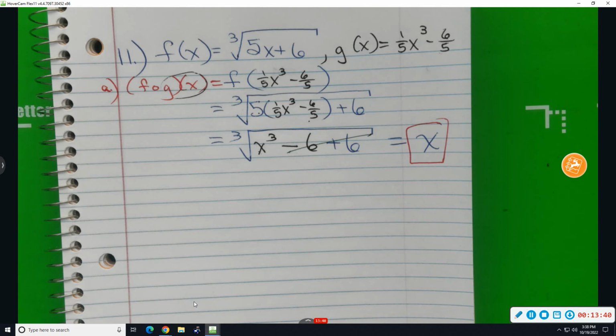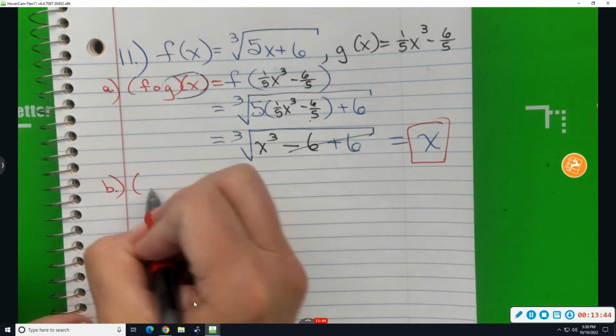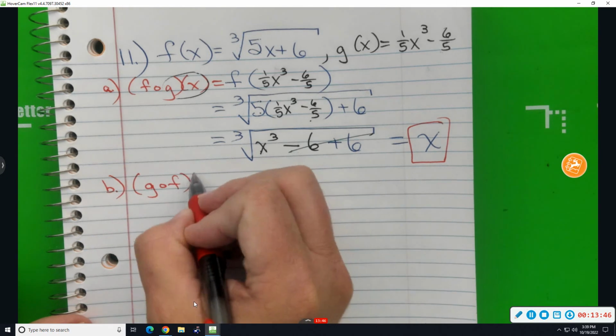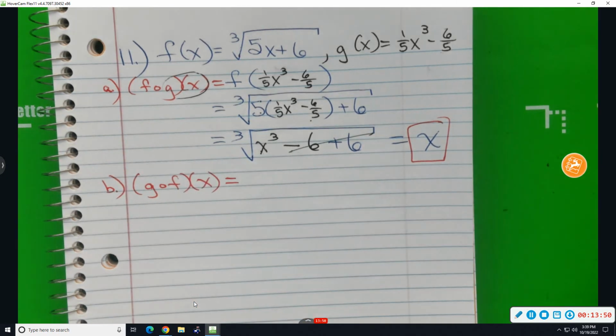Now, g composed with f of x. What's on the outside? Which function's on the outside? g is on the outside.